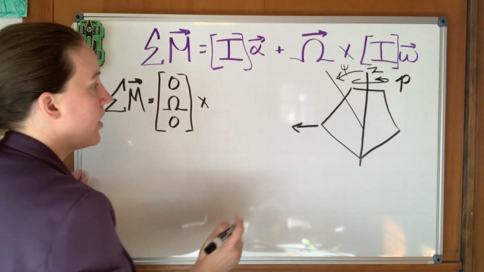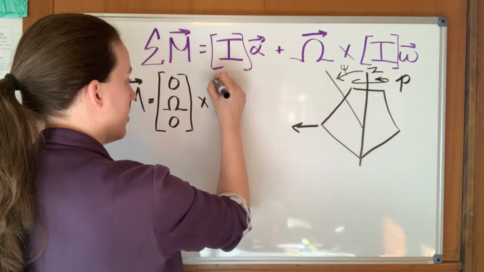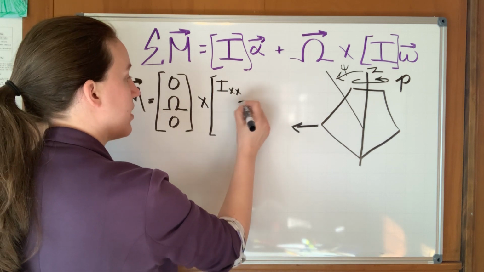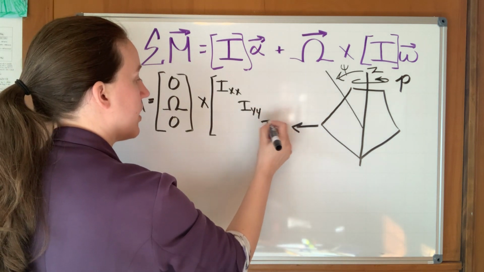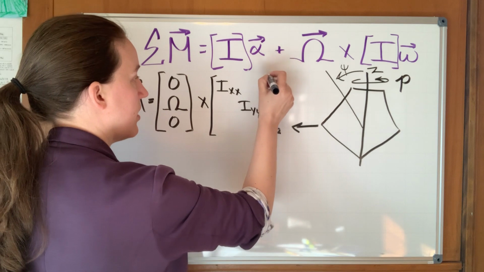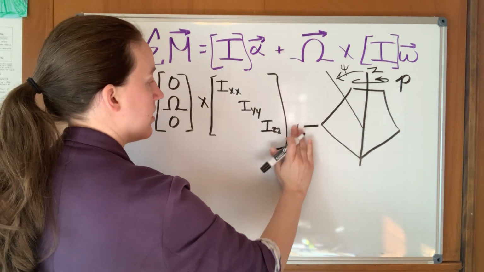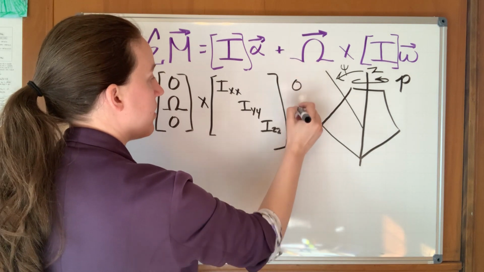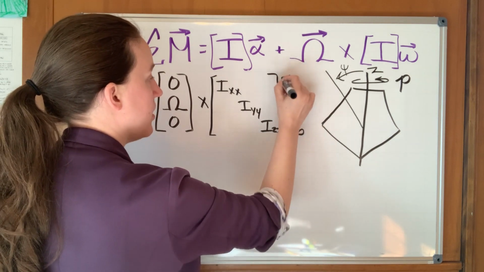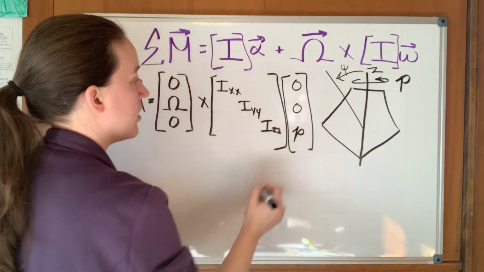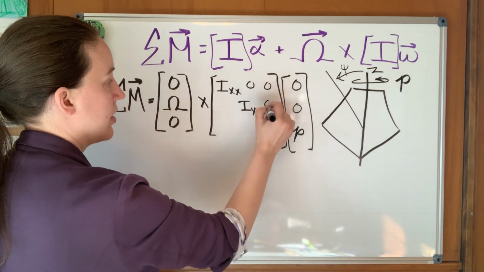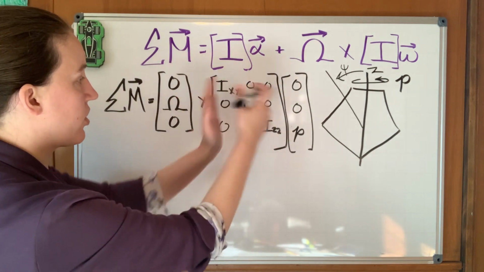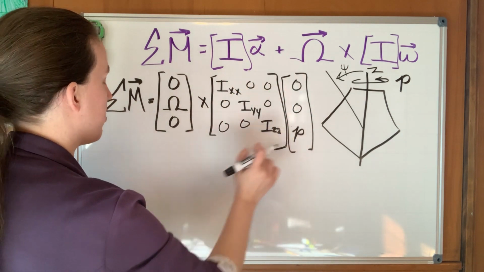crossed with, and now because our I matrix looks like this, Ixx, Iyy, Izz, times 0, 0, p. So now when we do this matrix multiplication, the only term we end up with is here.